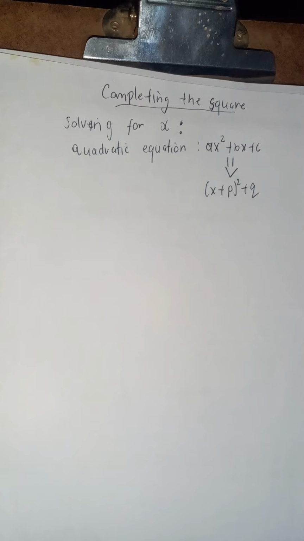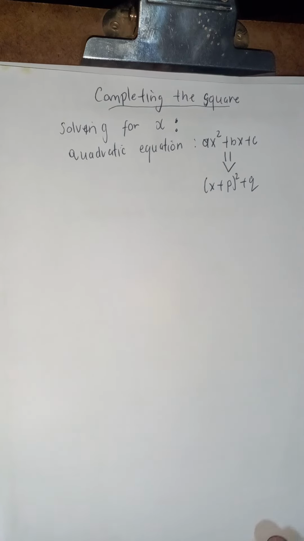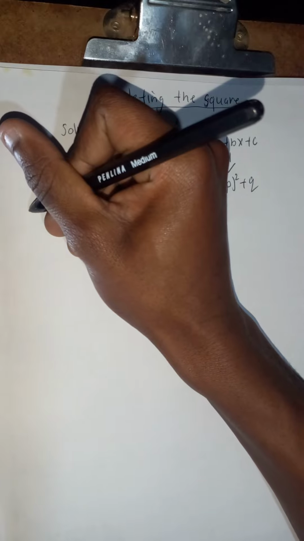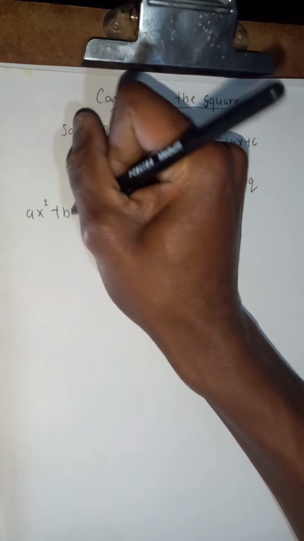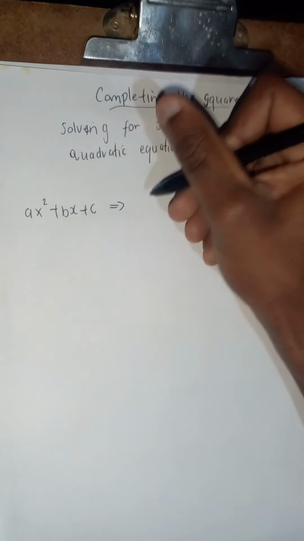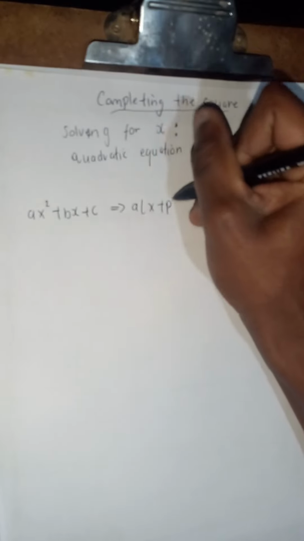So how do we use completing the square, or rather what are the main steps of completing the square? Since now we know that the main aim is to transform, or rather to change, your standard equation of ax squared plus bx plus c into a(x plus p) squared plus q.